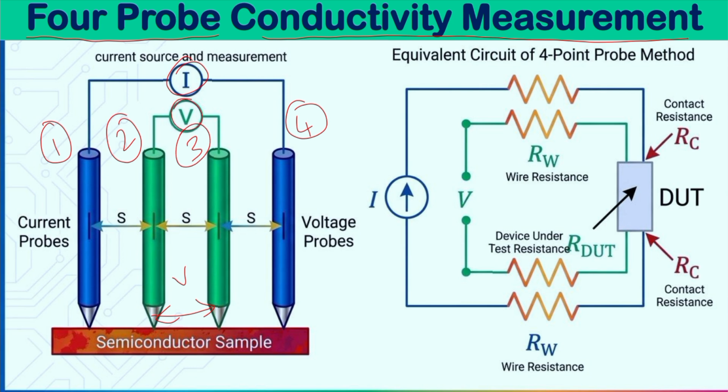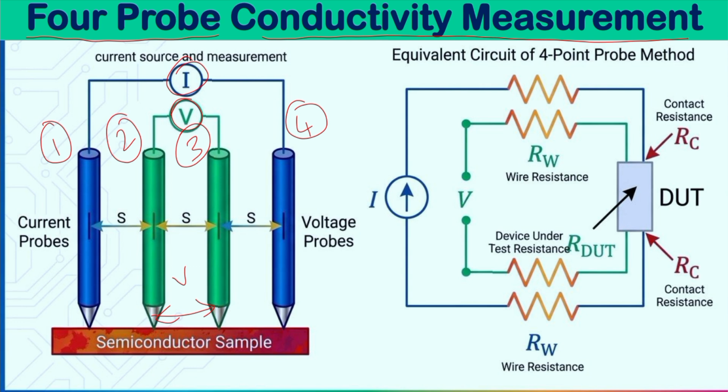This is the typical setup or measurement details that we will be using in four probe conductivity methods. The advantage of this method compared with the two probe method is that we have two additional probes in order to reduce the wire resistance and the contact resistance.